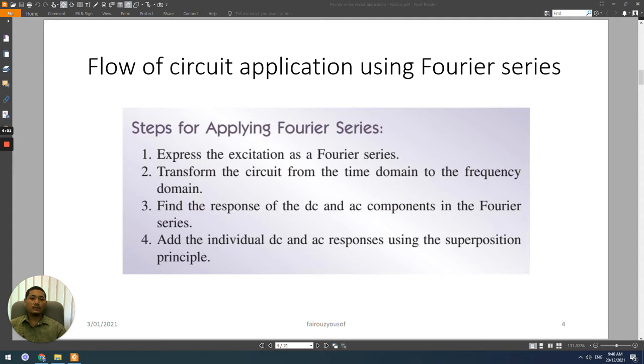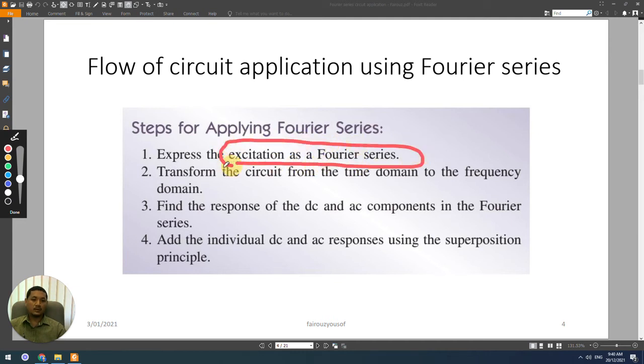So this is the step of using Fourier series to analyze the circuit. First of all, we have to express or represent the waveform in terms of Fourier series. Express the excitation, in other words the voltage or the current, as a Fourier series f(t), and then transform the circuit into the frequency domain, because we're going to analyze the circuit in the frequency domain, in the s domain.